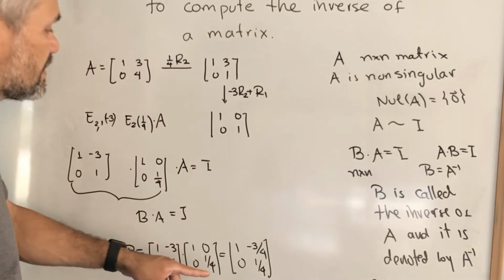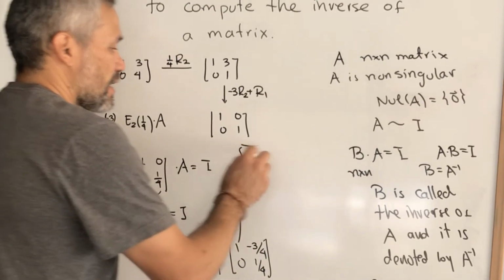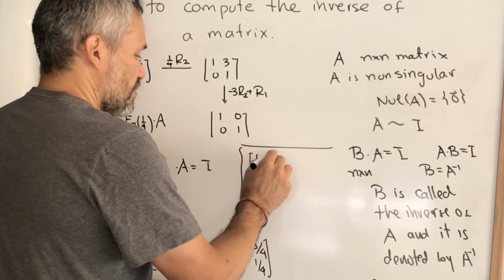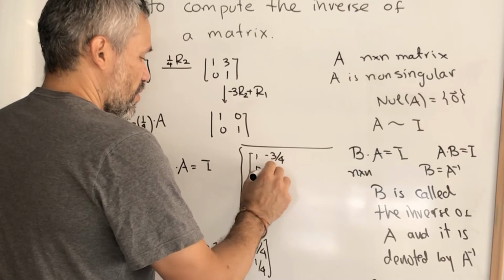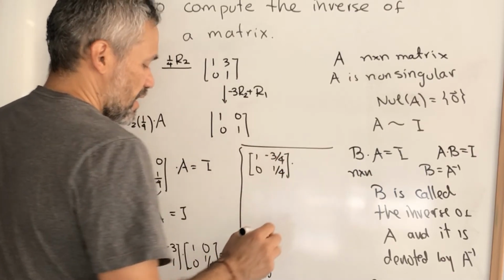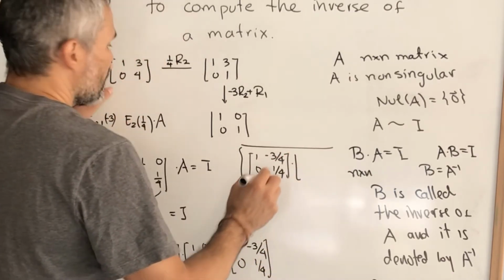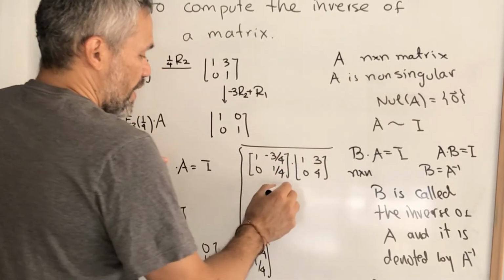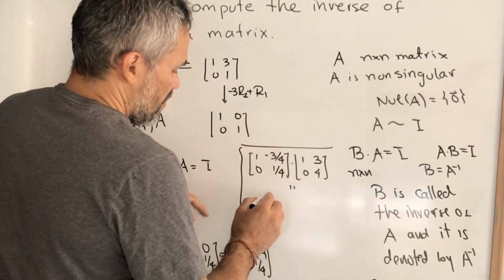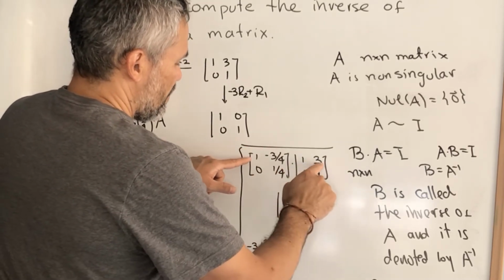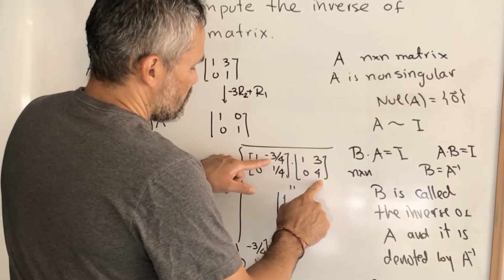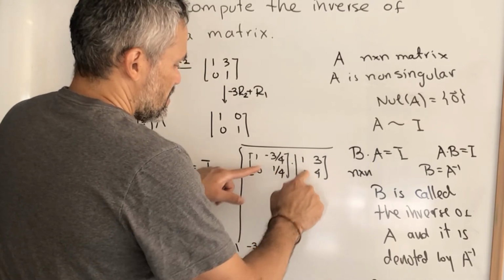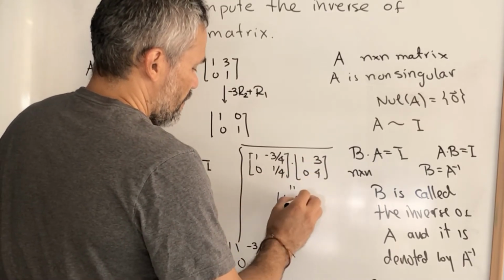And we can explicitly check that if we multiply this matrix 1, negative 3 quarters, 0, 1 quarter times the matrix A, which is 1, 3, 0, 4, then we get 1 plus 0 is 1. Here we have 3 minus 3 quarters times 4, which is 3 minus 3, is 0. We get 0 and we get 1.